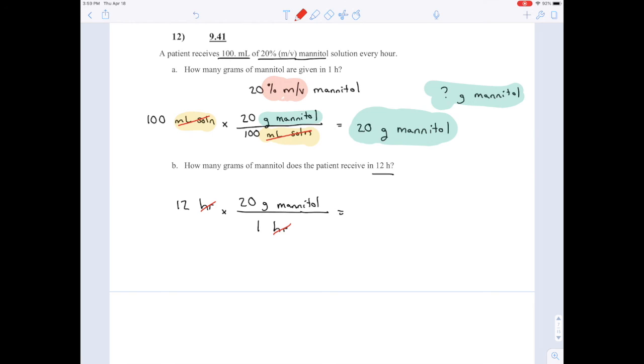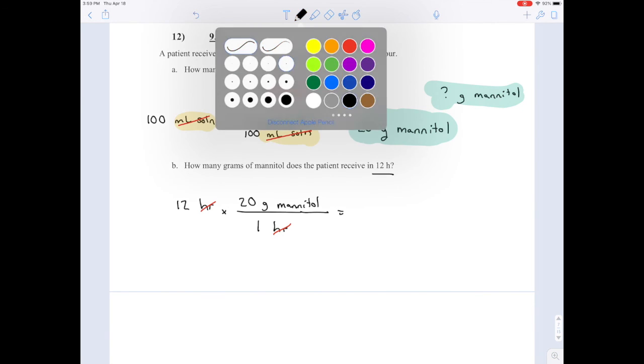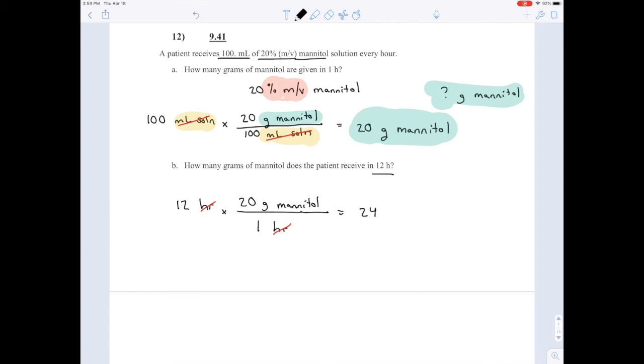Notice how the units you started with go on the bottom of that fraction, so they cancel. And you'd have 12 times 20, enter, divided by 1, enter, and you would get 240 grams of mannitol in 12 hours.